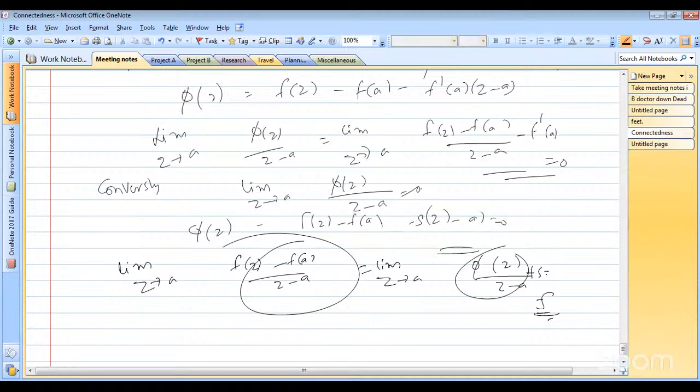So hence f is differentiable at a, and f'(a) is equal to s.